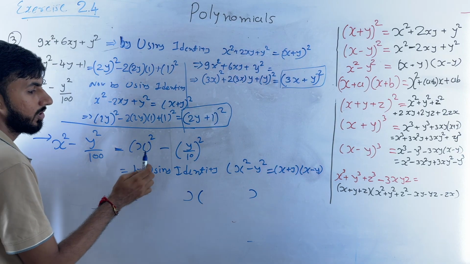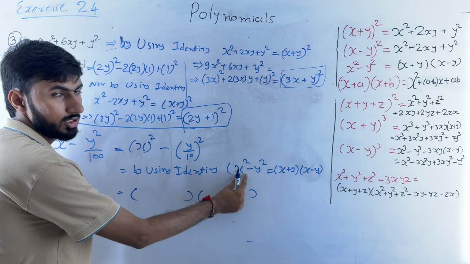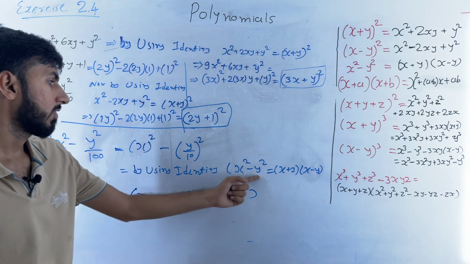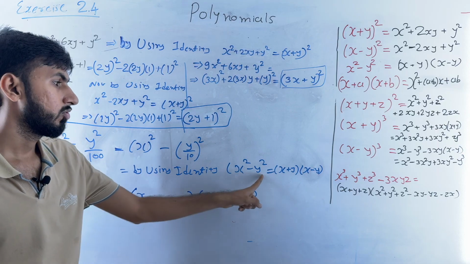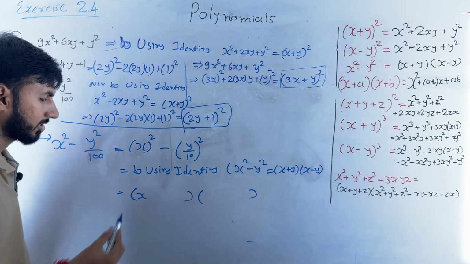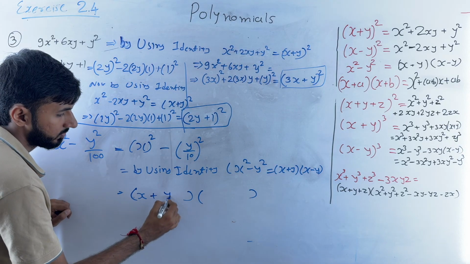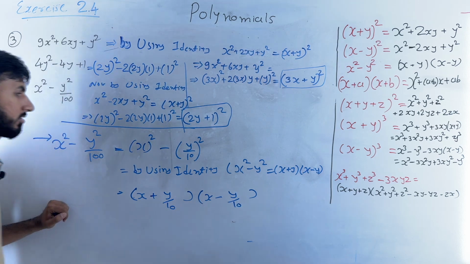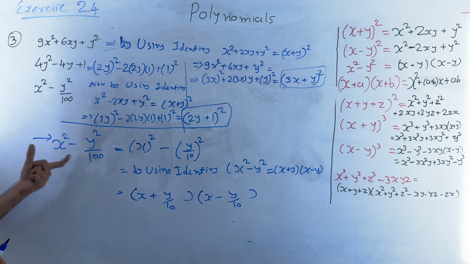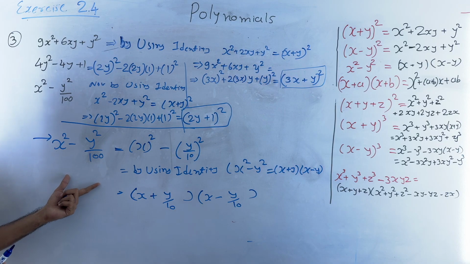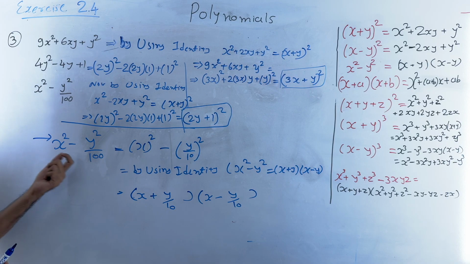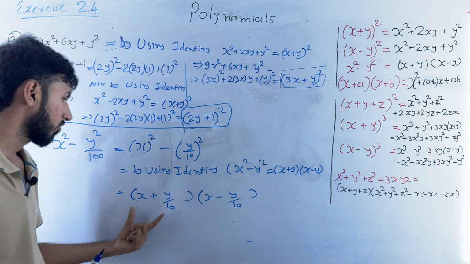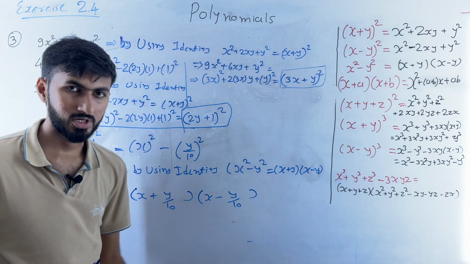Now here if you compare, x square is x square, so you don't have any change in x. Now for y, you have y by 10 here and you have y here, so y is equal to y by 10, right. So I have to write x plus y by 10 and x minus y by 10, right. These are the easiest type of question in this chapter, right. If you have a subtraction of any two square numbers, your answer will be two brackets, the first one x plus y, the second one x minus y, right.